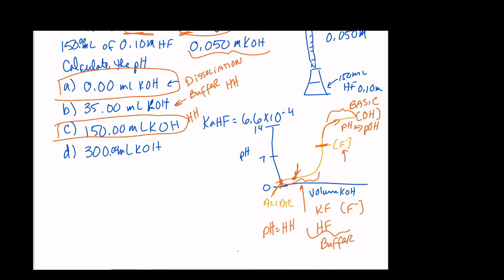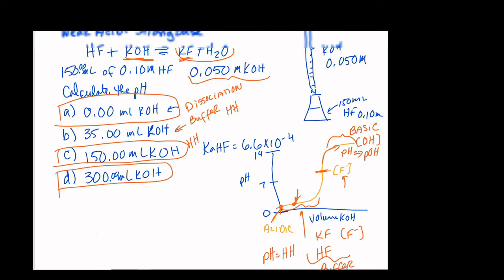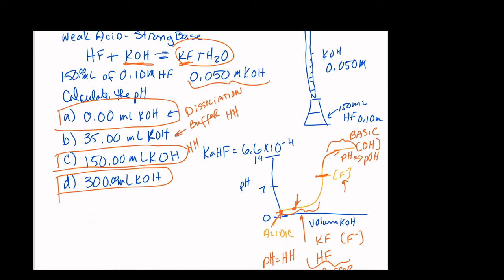All right, and then once we add 300 milliliters of KOH, we should be at the equivalence point. And then we can go ahead and do an ICE calculation.